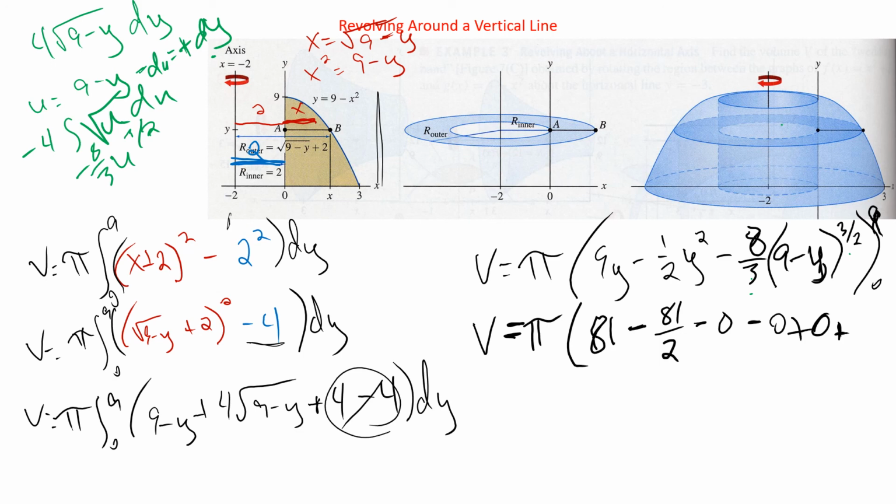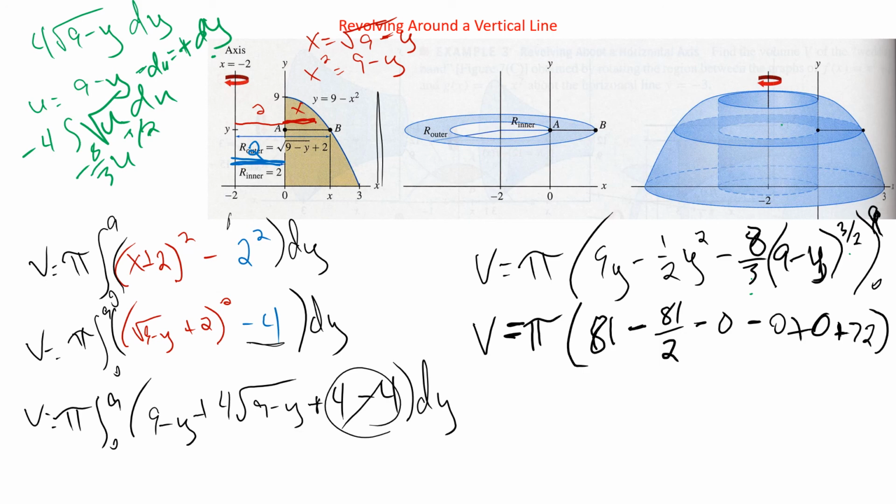I would do the half first. That's a square root to get 3, and then cube it to get 27 times 8/3. 27 divided by 3 is back to 9, times 8 is 72. So we're going to have 81 minus 81 over 2 plus 72, all times pi.